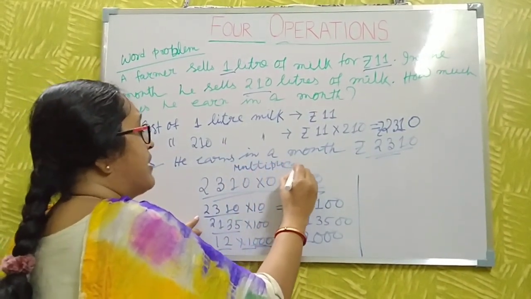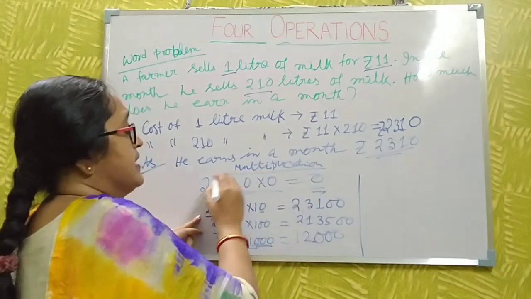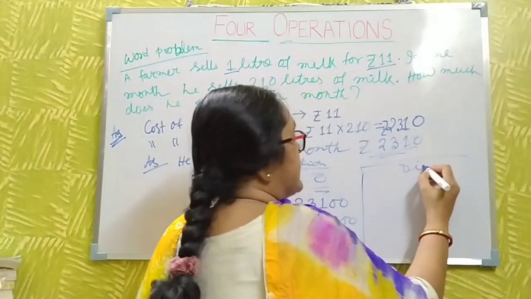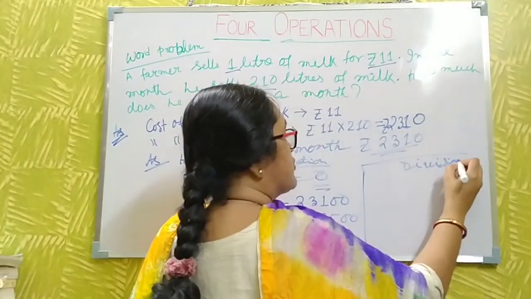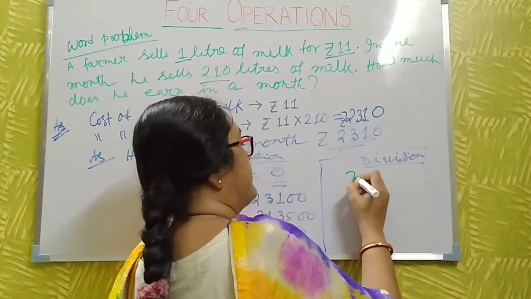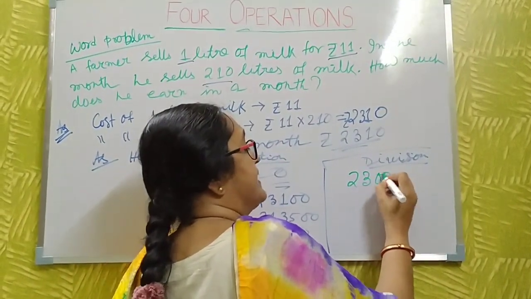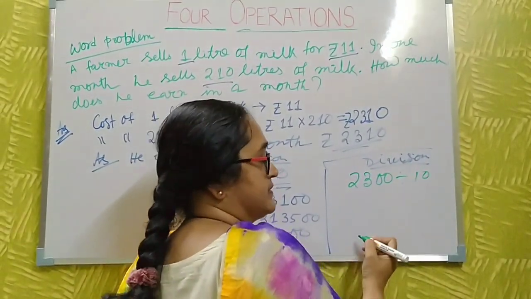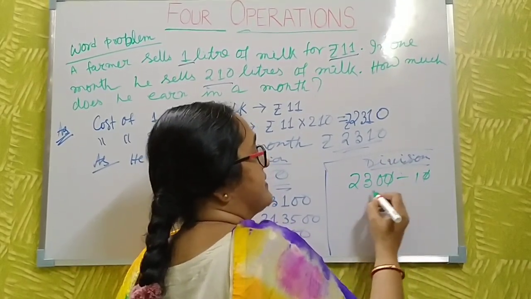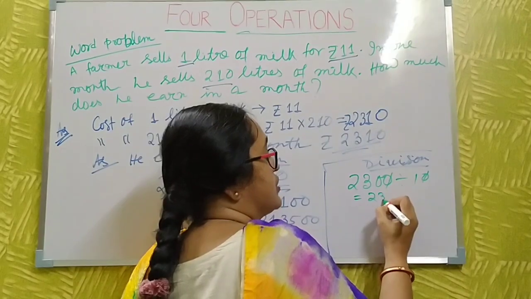This is for the multiplication tricky things, and there are division tricky things also. Now the division tricky thing is this: if you divide this one by 10, just you cancel a zero, then the right answer is 230.